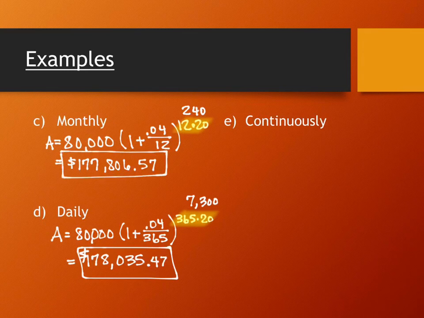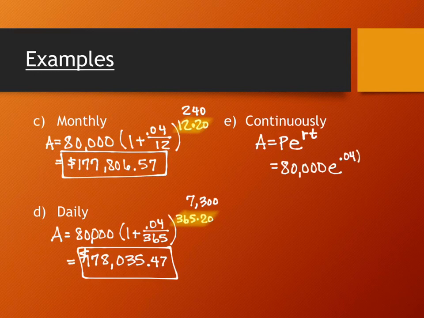Okay. Continuously. It's a different equation, right? So it's actually an easier one. A equals P E to the RT. So the 80,000 stays the same at the beginning. E is the number. Your calculator will deal with it just fine. R is your interest rate, 0.04.